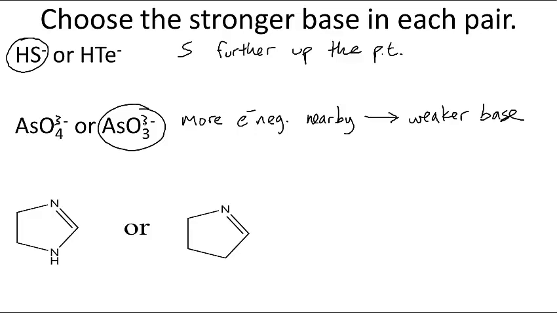Now this last one's complicated. The explanation is going to involve resonance. So I don't want you to worry too much about it. But the key here is you want to look at what happens when you add hydrogen to each one.